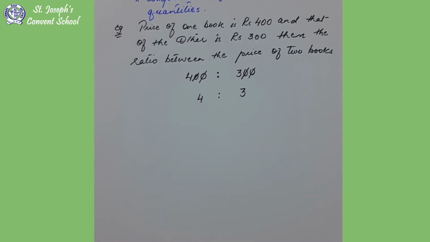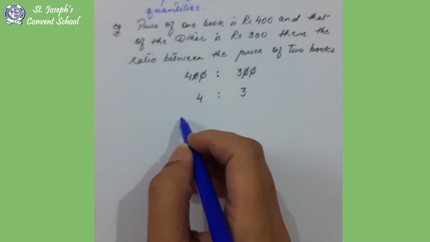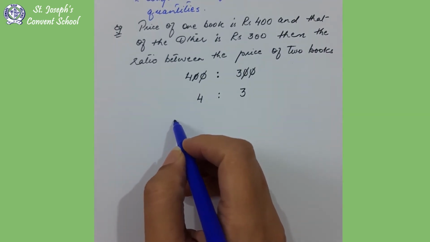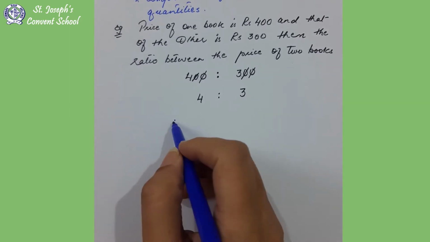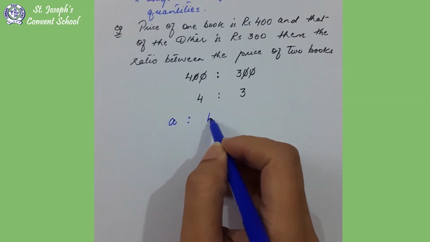Another thing I'm going to tell you: what is known as the first element. Suppose instead of numbers it is written A is to B. These are suppose two quantities.